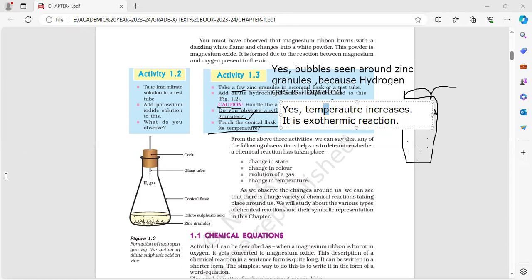Fine. Now you observe here. According to the CBSE board, in a CBSE exam, how can a question be framed or asked in this? Maybe he asks to write the balanced chemical equation for lead nitrate and potassium iodide, as I have already explained.